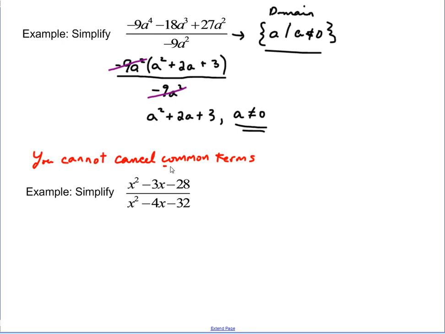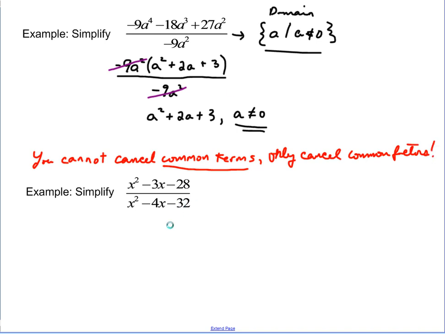Be very careful. This is one place that people tend to forget because they don't take their time. You can only cancel common factors. Okay, very important to remember.